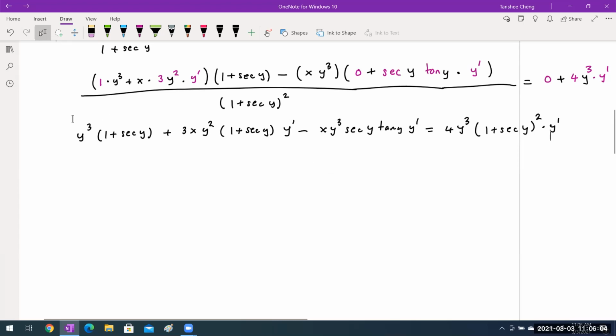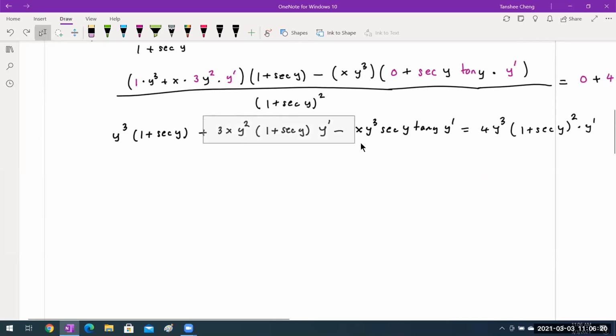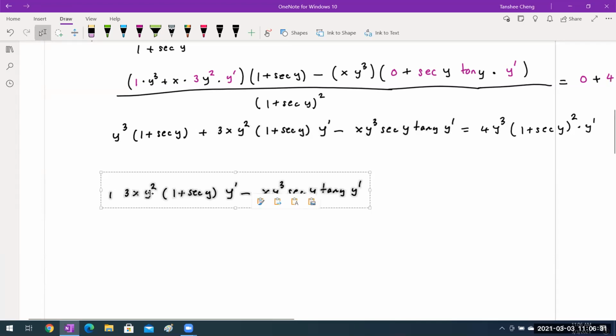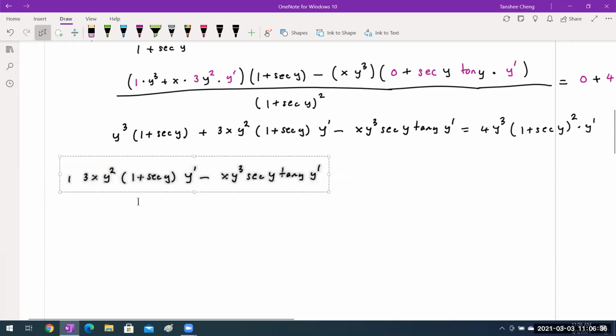So being said that, what I will do is copy and paste, not this part, only this part right here, because this is the two terms that I'm going to leave on the left hand side, right? And move it a little bit to the left because it's going to be a long process. Good, so I don't have to copy down everything in here.